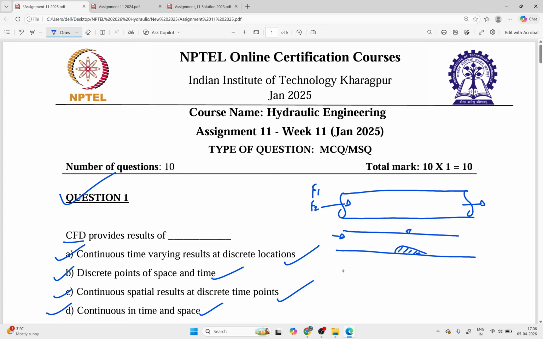Remember, please, CFD is a very fashionable name. You are going to solve a set of equations, which is your continuity equation and your Navier-Stokes equation. That's all.